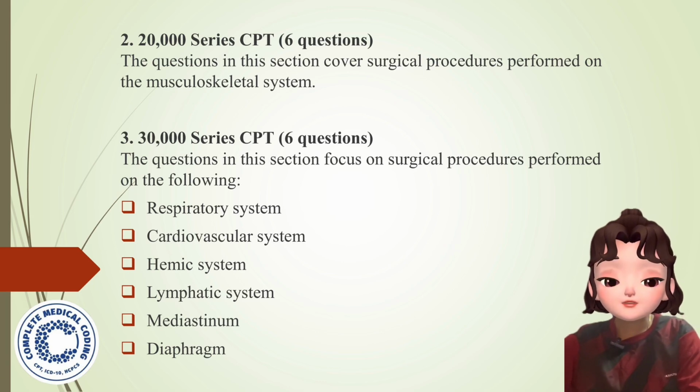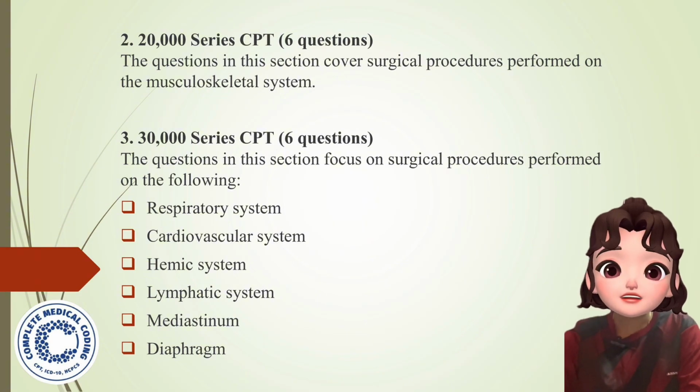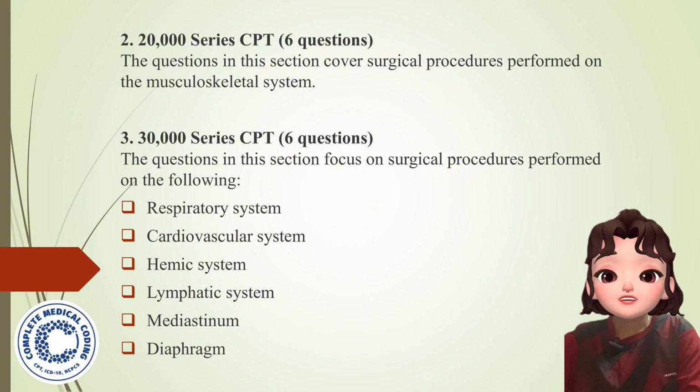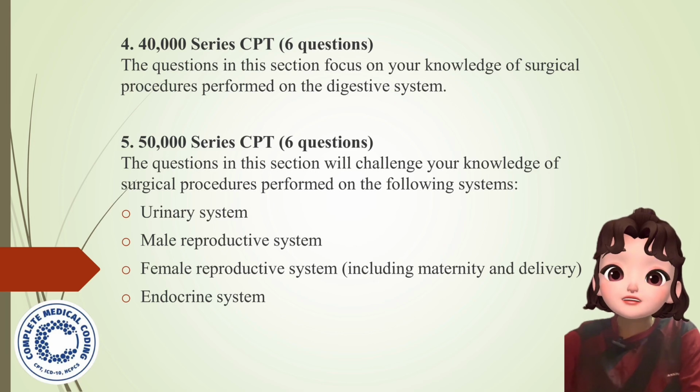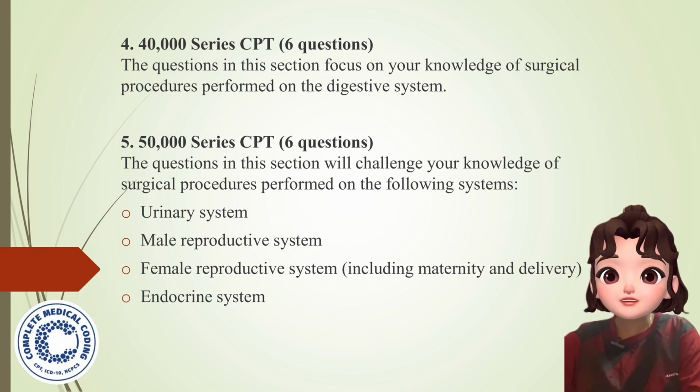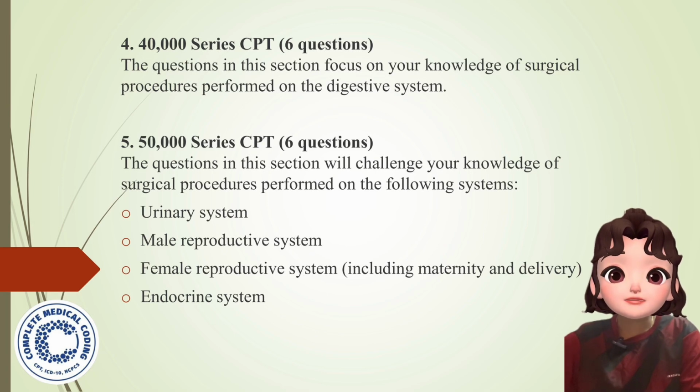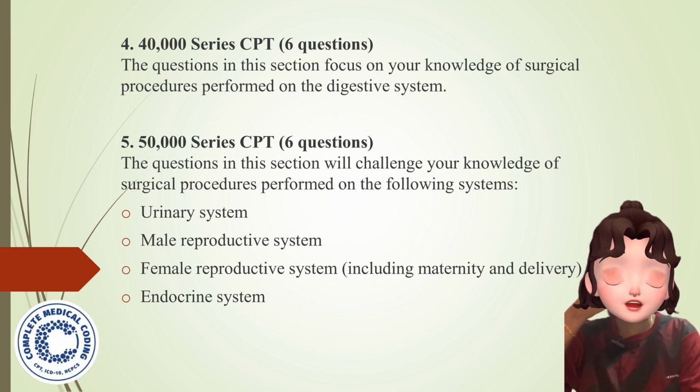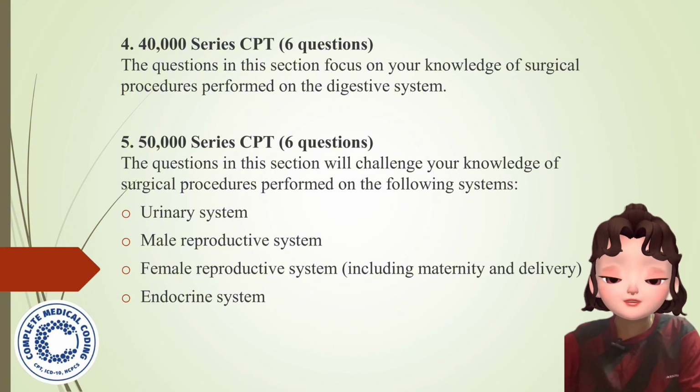Then the 40,000 series, again 6 questions, focuses on surgical procedures performed on the digestive system. The 30,000 and 40,000 series are important because you will mainly get descriptive case study questions from these two, the big questions.